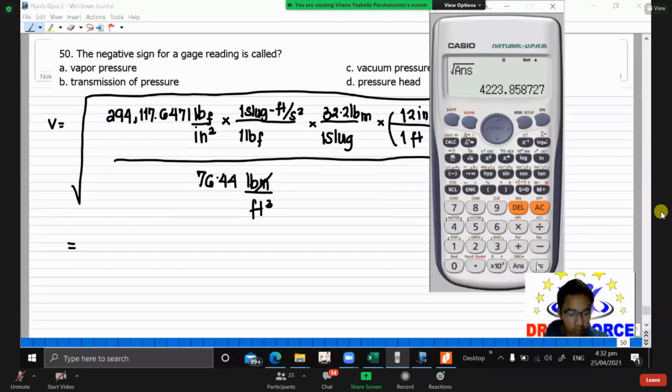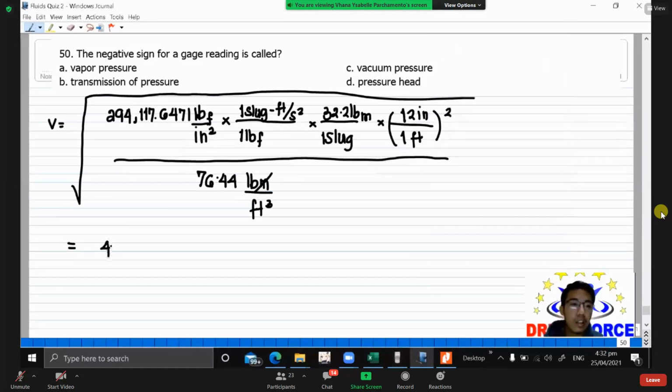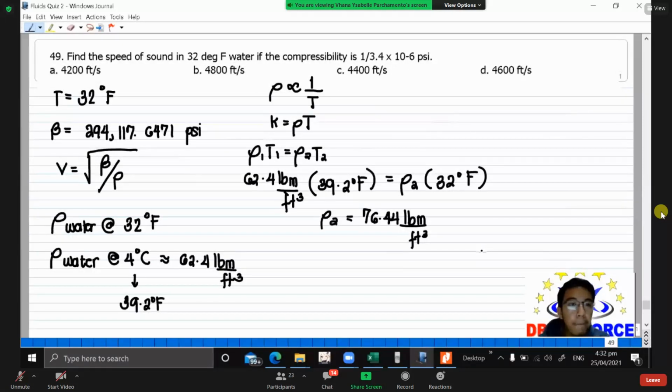And square root. You have 4,223.86. That is in feet per second. So that is approximately 4,200 feet per second. So that is letter A.